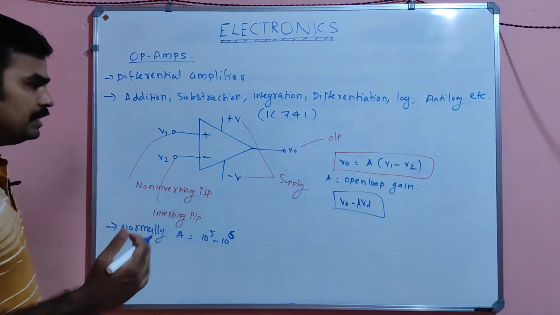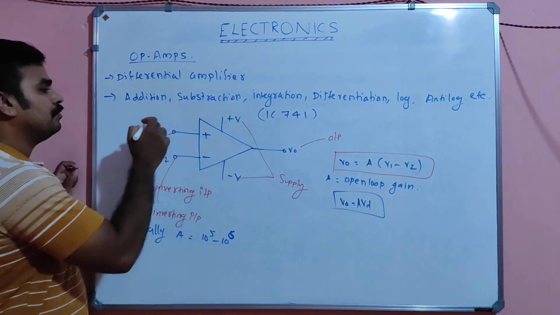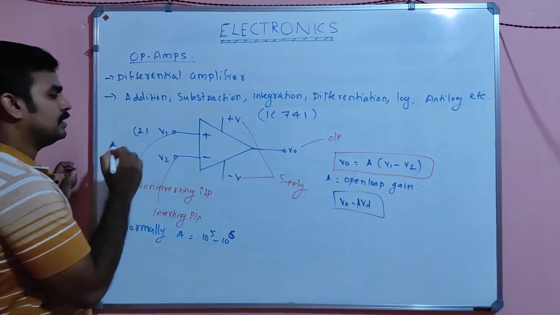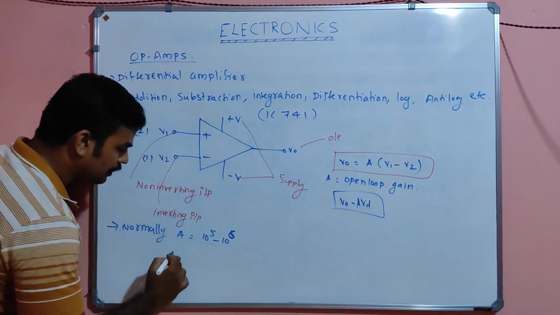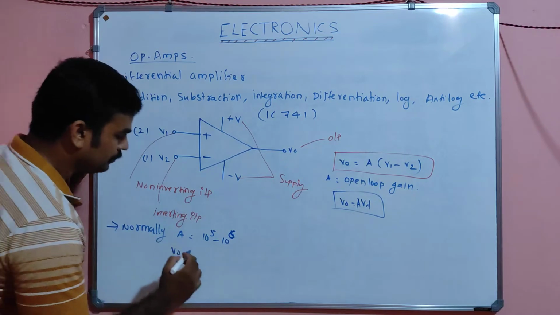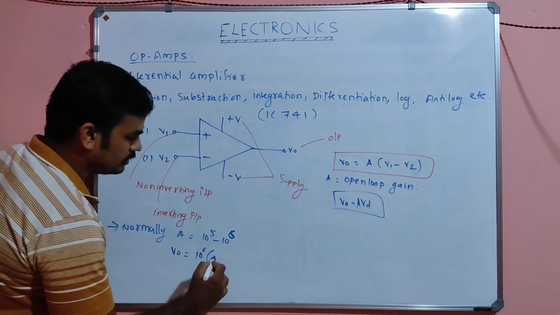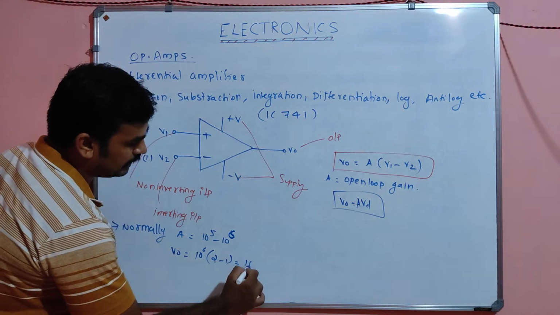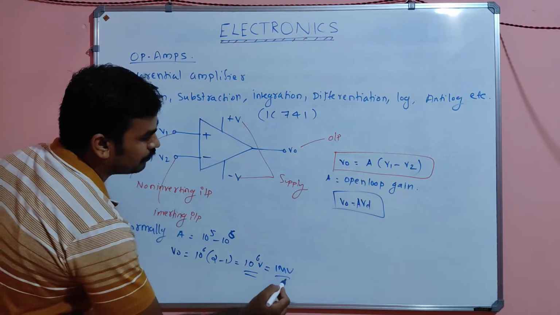Suppose we gave V1 as 2 volts and V2 as 1 volt. What will be the output? V0 will be A into (2 minus 1), that is 10 raised to 6 into 1, which is 10 raised to 6 volts, equal to 1 megavolt.